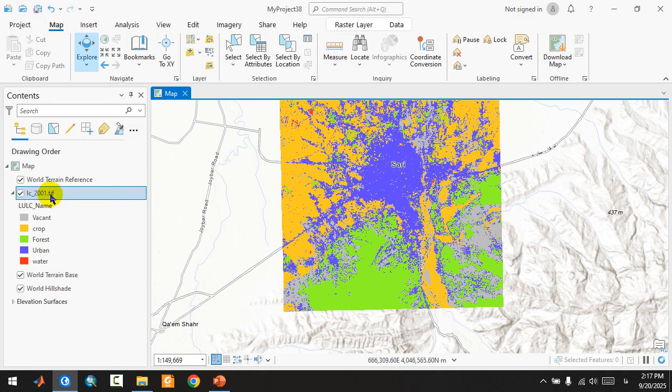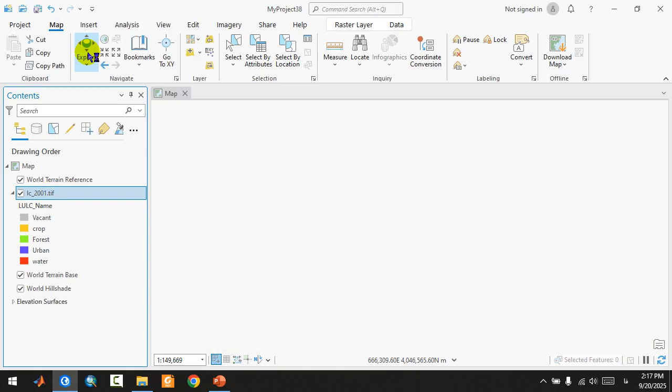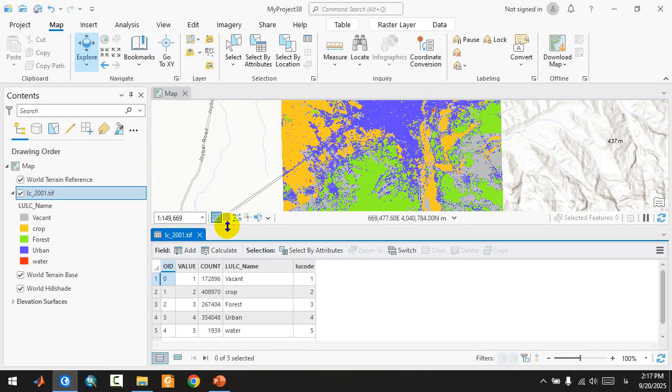Okay, right click on attribute table. It must have two fields: the LULC name, okay, bare land, crop, forest, urban, and water land, and LU code. LU code is important because this is needed for the carbon pools in the Excel format.